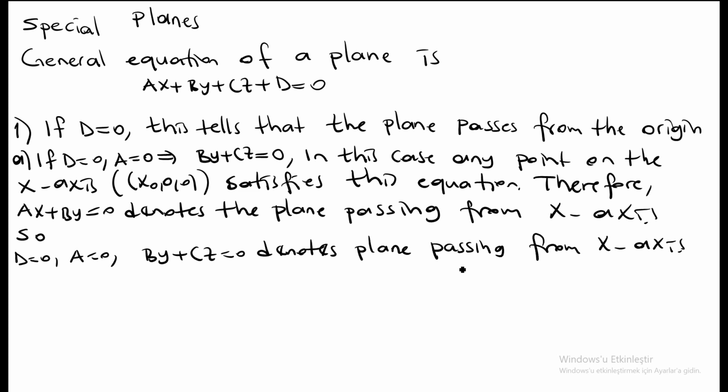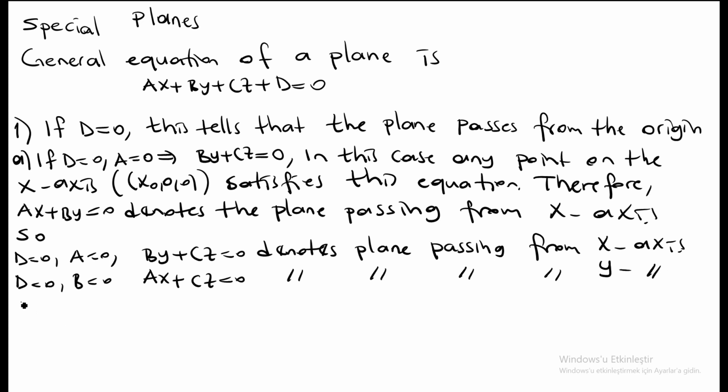So similarly the other cases. Now if D is 0, B is 0, so you have this one. So this denotes the plane passing from y-axis.